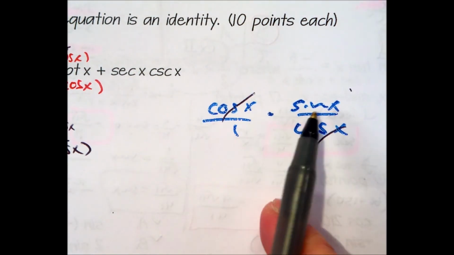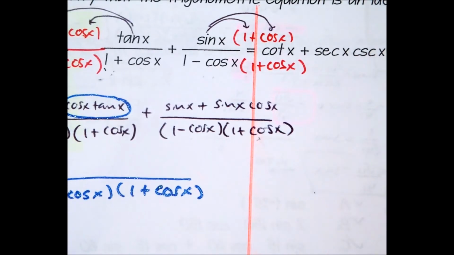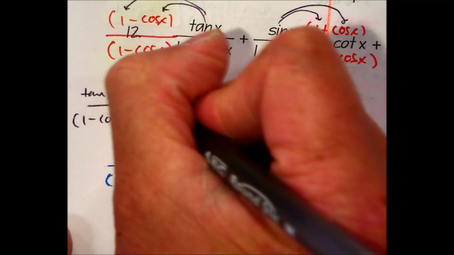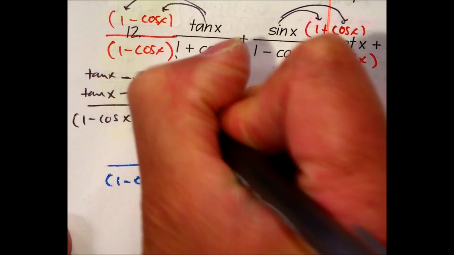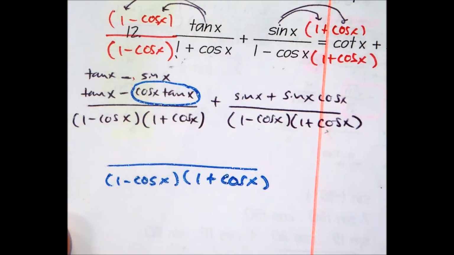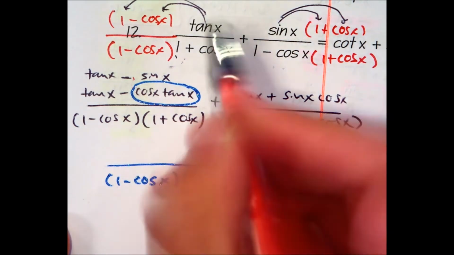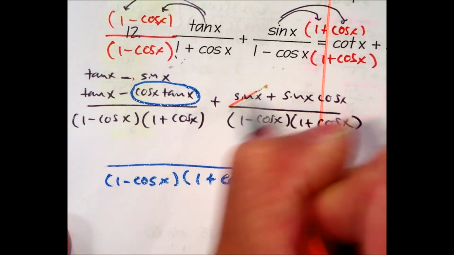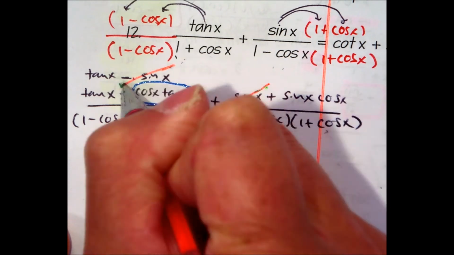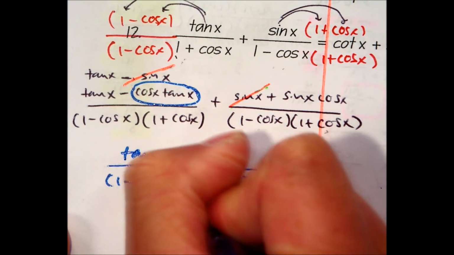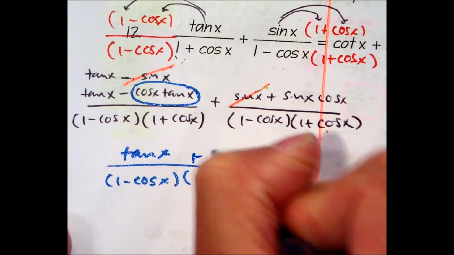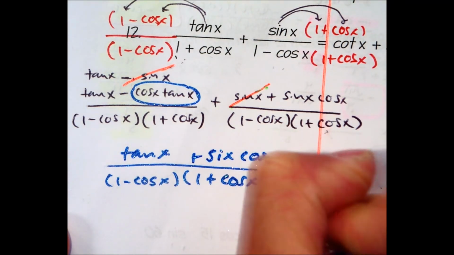So that just represents sine, yes? So this is really a negative sine x. And I can cancel this because I have a positive sine x, and here I have a negative sine x. So I'm just left with a tangent of x plus sine x cosine x.